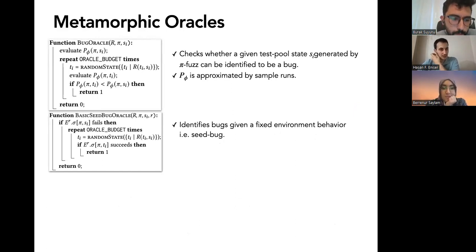An oracle takes as input a policy and the relaxation function, right? And then let's consider the bug oracle. We find an unrelaxed state T, right? There is not just one unrelaxed state T. Sometimes there are infinitely many unrelaxed states T for the given state S. So we pick one of them randomly. For example, considering the highway, I could add a car to any location in the street.